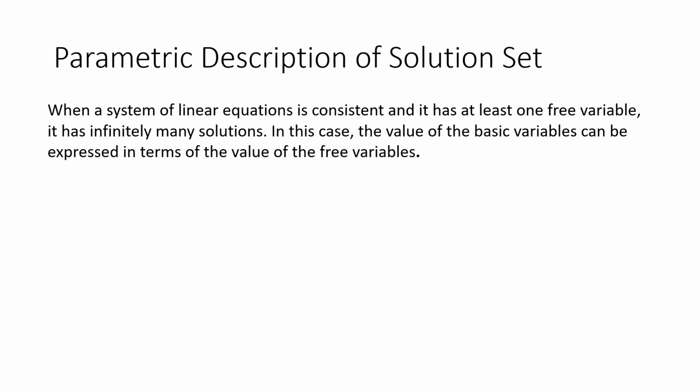Sometimes you end up with an infinite number of solutions, and we can write those down in what is called a parametric description. When do we have an infinite number of solutions? If you have a free variable. Even one free variable means you have an infinite number of solutions to your system of linear equations.